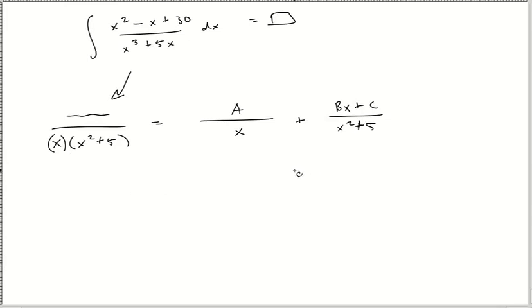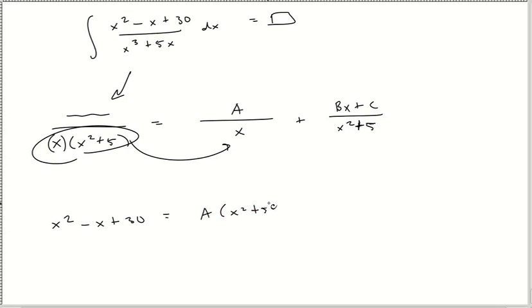I have to solve. I'm now going to take my denominators and multiply them over here. So my original numerator is equal to a times its opposite, and then bx plus c times its opposite.